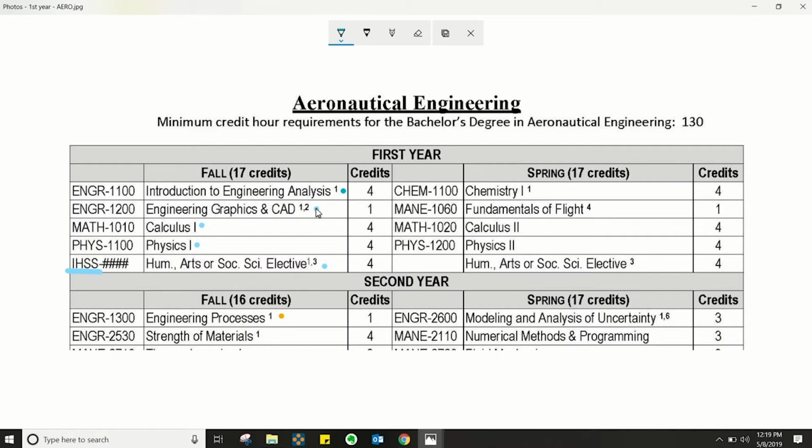Now, we have found that students who do not have a solid grounding in Physics 1 can struggle with IEA. And if you feel like you don't have a good background in physics, maybe you struggled a bit with physics in high school, then I'm going to suggest that you put off IEA until that second semester. Now, why do I say that?